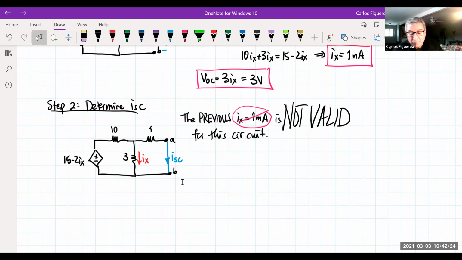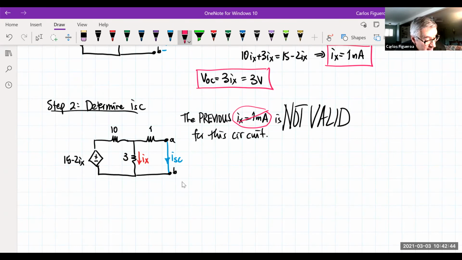So here we go. What I'm really seeing here is that the first thing I got to do is get I short circuit, but I have that Ix here, right? I have Ix.